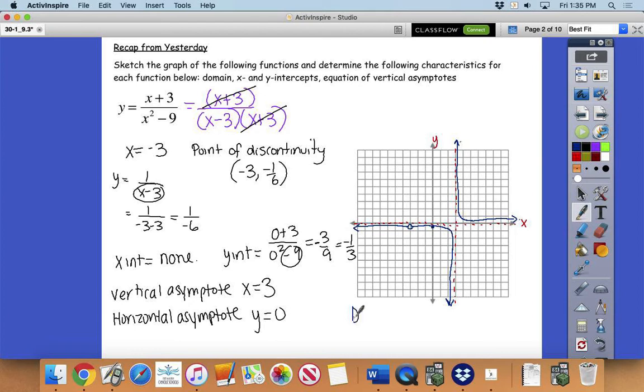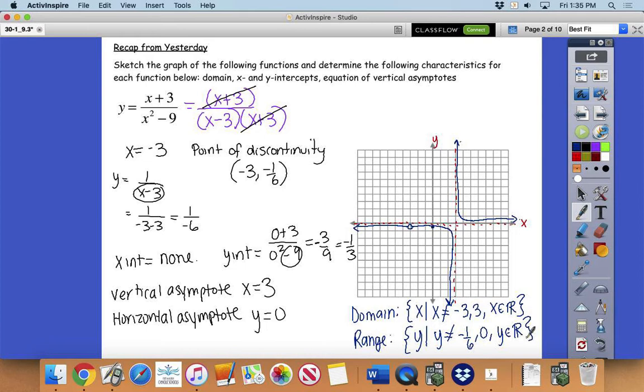The domain. Once I draw it, I like to do domain and range. The domain is x such that x cannot equal. We have two values that it's not allowed to be equal to. So we have that point of discontinuity, -3, and that vertical asymptote. For our range, y such that y cannot equal -1 over 6, and it can't equal 0.